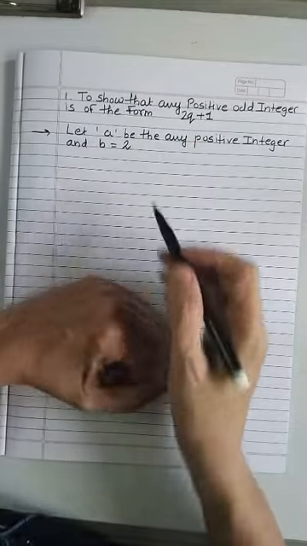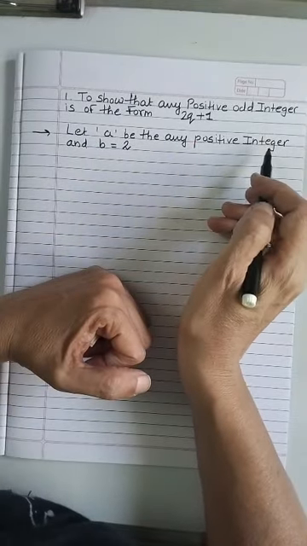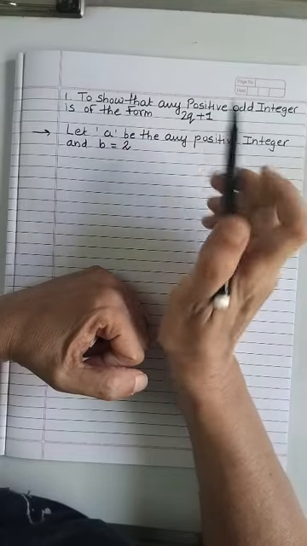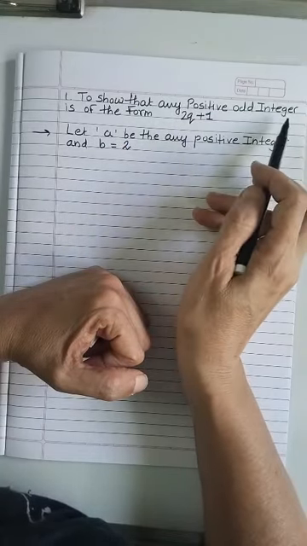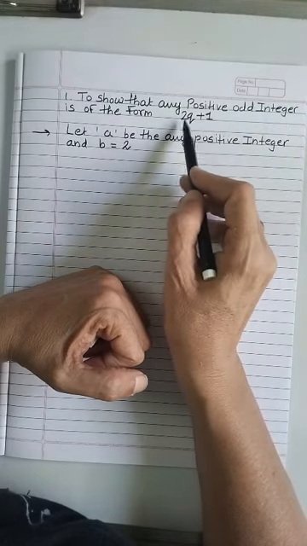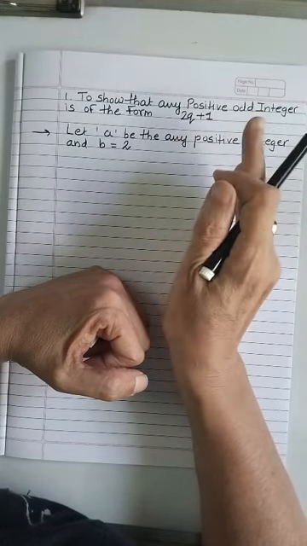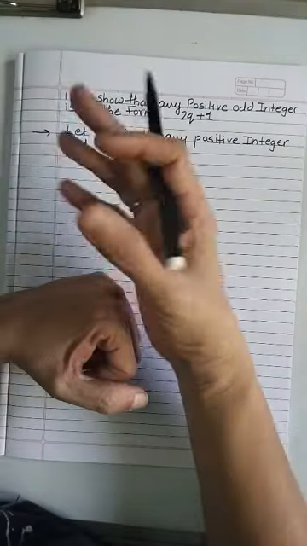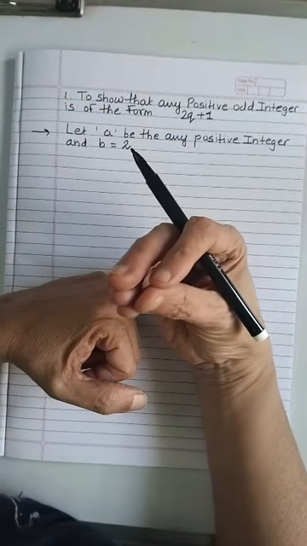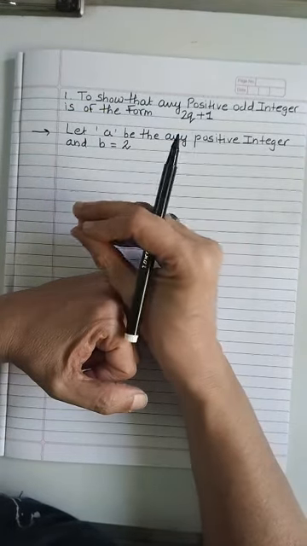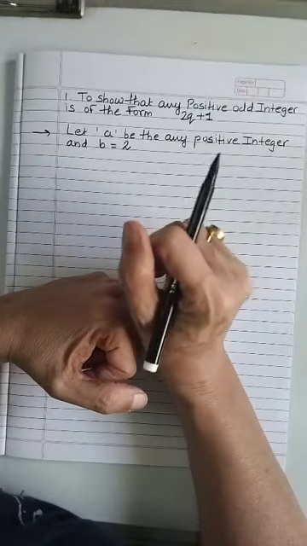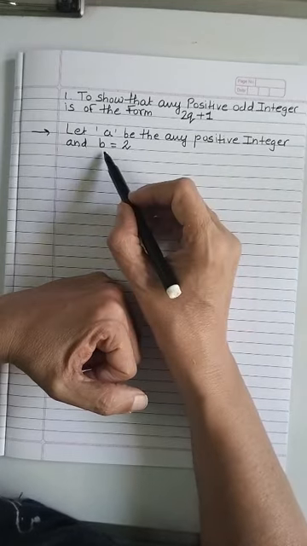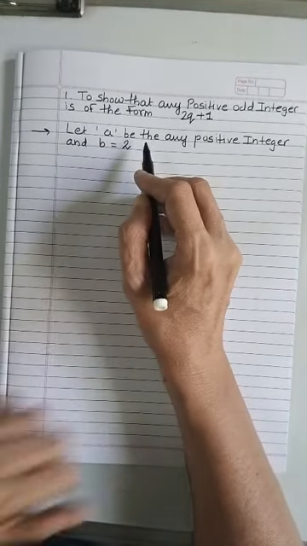When we say that a is any positive integer, here we are taking a as dividend, and as we have to prove that any positive odd integer is in the form of 2q plus 1, 2 here becomes divisor. So we have taken b as 2 because we write Euclid's division lemma as a is equal to bq plus r, where a is dividend, b is divisor, r is the remainder. So here b is equal to 2.